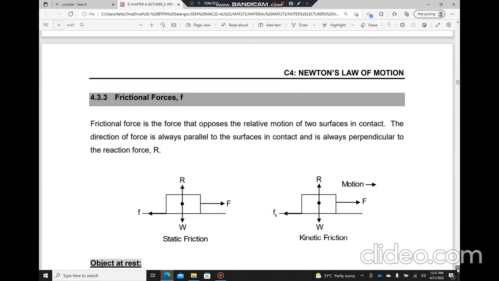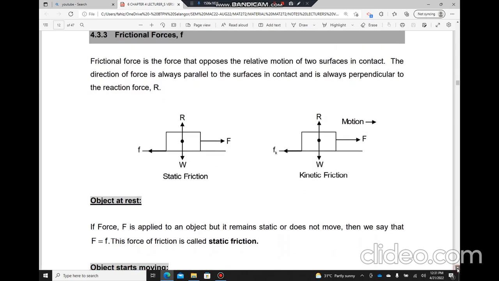Then next, force number 3 is frictional force. Frictional force is the force that opposes the relative motion of two surfaces in contact. The direction of force is always parallel to the surface in contact and is always perpendicular to the reaction force R. Okay, so untuk F, friction, dia sentiasa perpendicular dengan reaction.